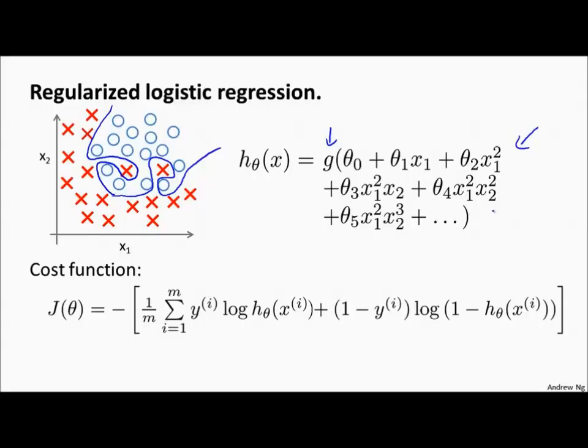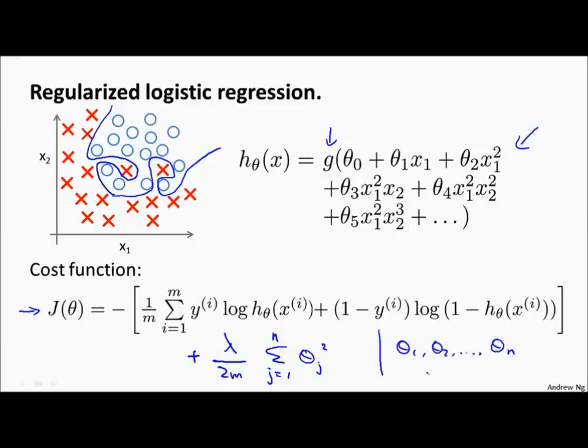This was our cost function for logistic regression, and if we want to modify it to use regularization, all we need to do is add to it the following term: plus lambda over 2m, sum from j equals 1, rather than from j equals 0, of theta j squared. This has the effect of penalizing the parameters theta 1, theta 2, and so on up to theta n from being too large.